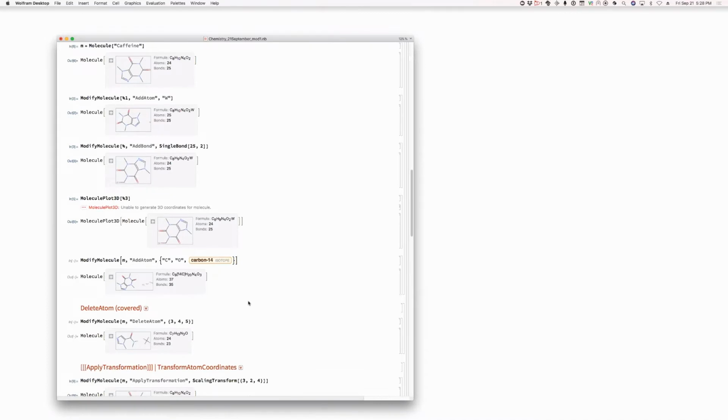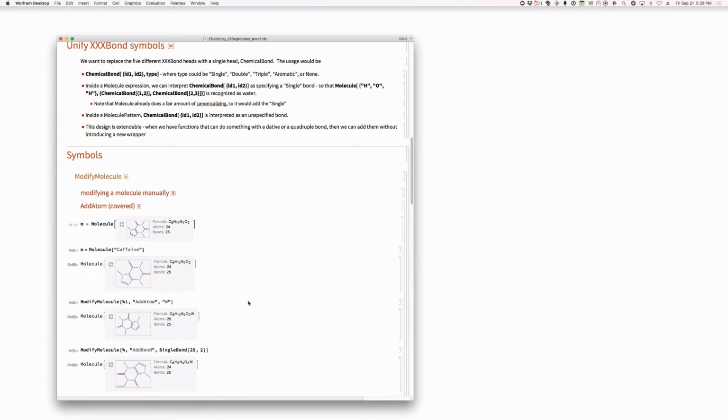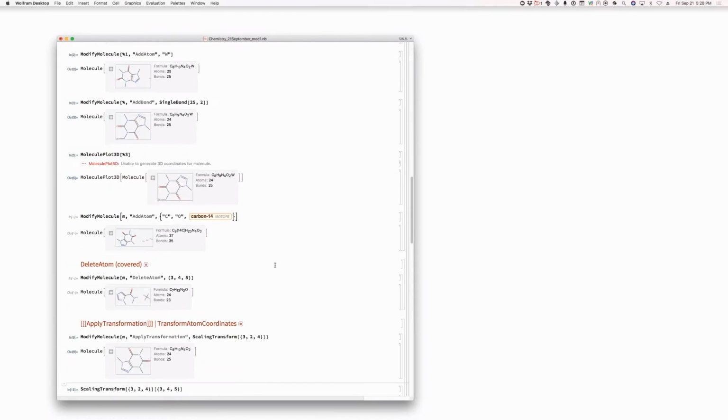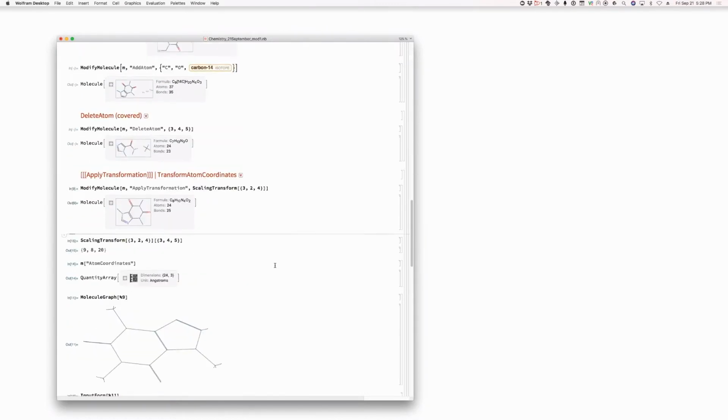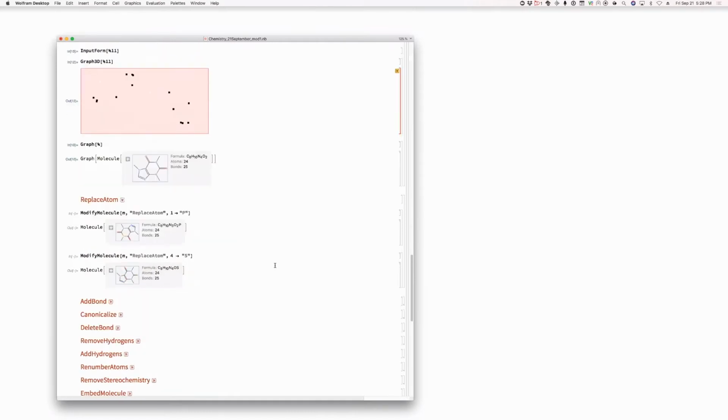Right, delete atom works with indices as well. Somewhat confusingly, add atom just adds an atom floating in the soup, whereas replace is an index-based thing. I think that's okay.